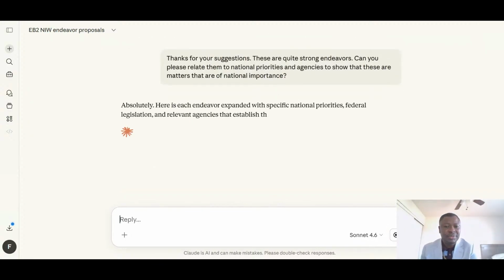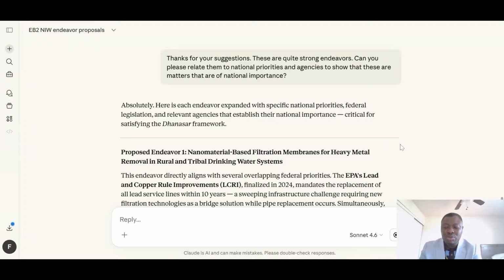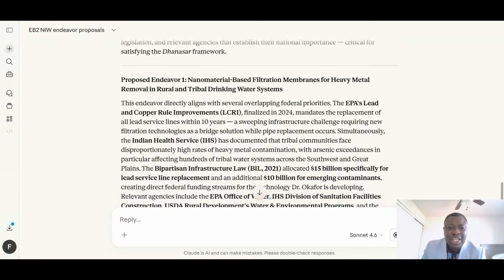Boom. Absolutely. Yes, each endeavor is expanded with specific national priorities, federal legislation, and relevant agencies that establish their national importance, critical for satisfying the national framework.